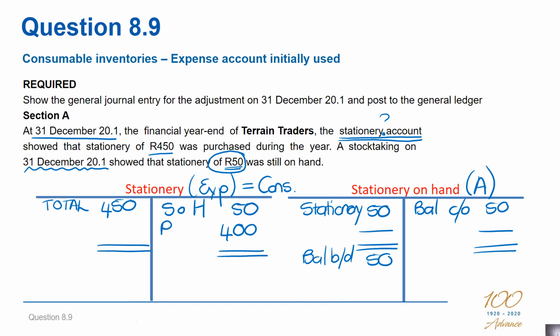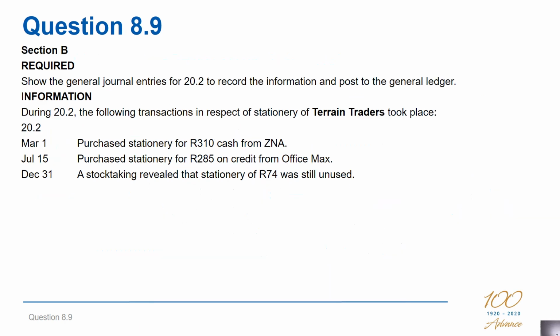And this will form part of the calculation of my profit or loss for the year, because this is the stationery that I've consumed for this year. This question, however, carries on to a section B, where we deal with stationery again, but now following on section A. And this is actually a very important example.